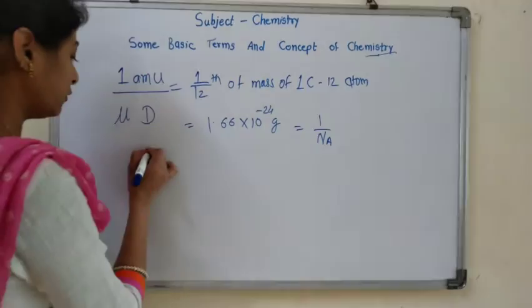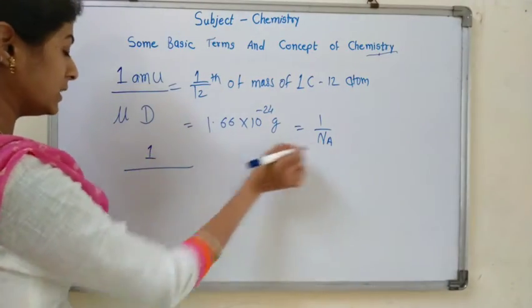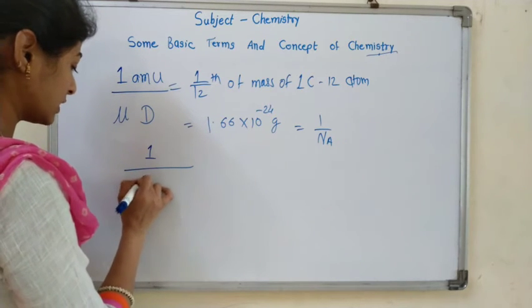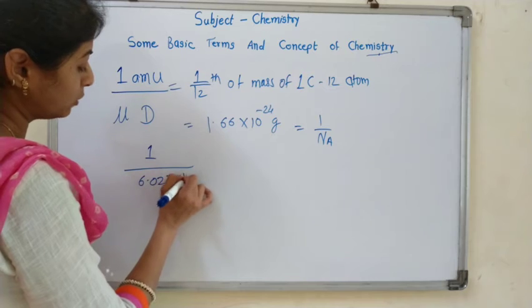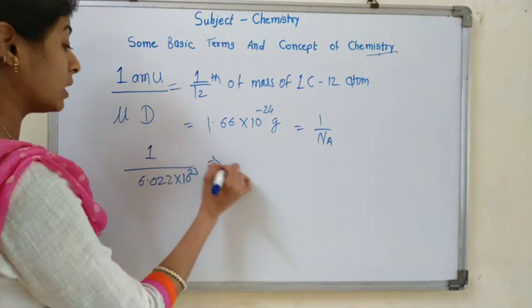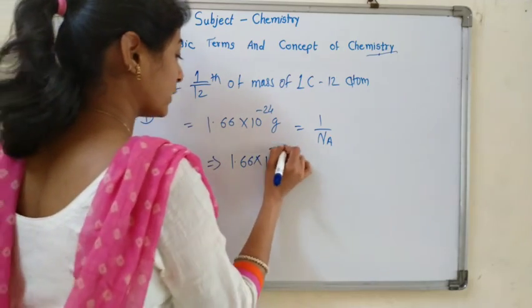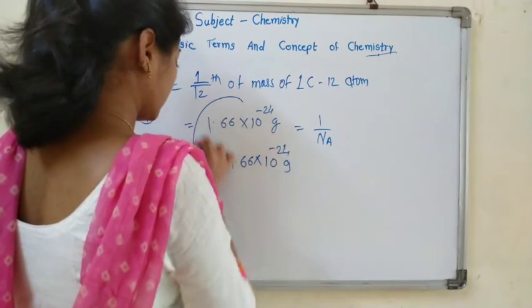Now, if 1 is divided by this Na, that is 6.022 into 10 to the power 23, it comes out to be equal to 1.66 into 10 to the power minus 24 gram.